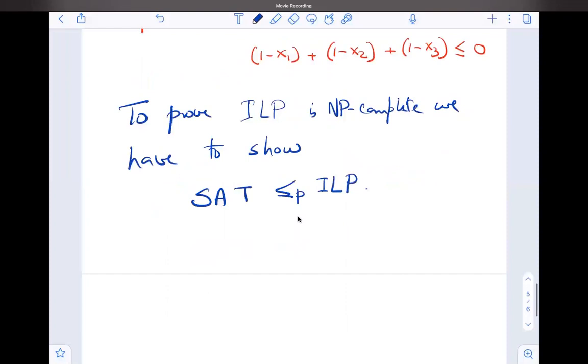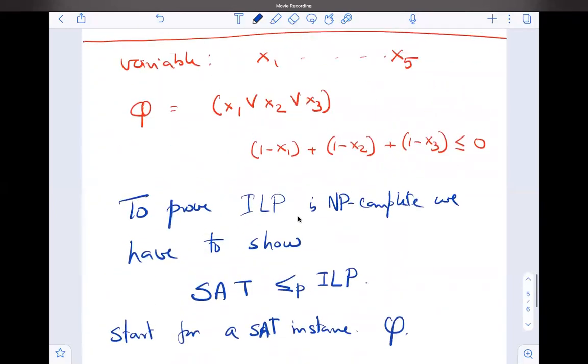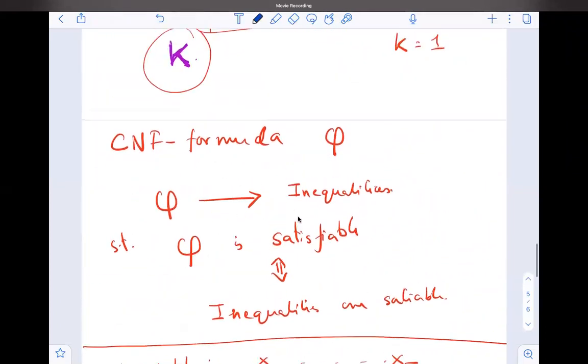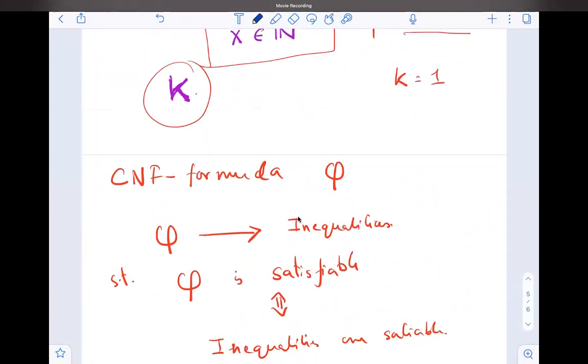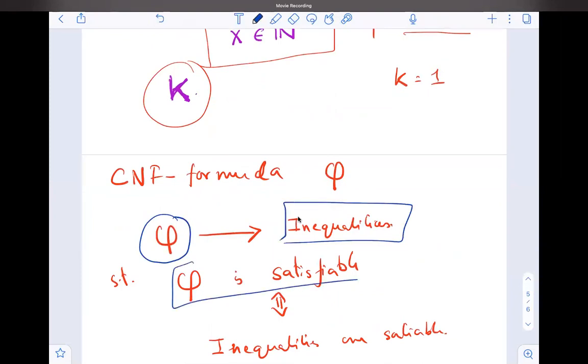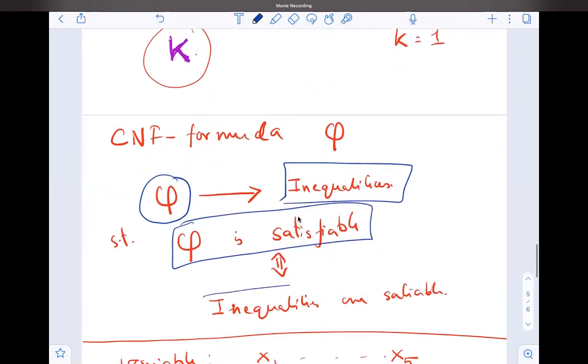So what does it mean? That means you start from a SAT instance, and then you convert it into an ILP instance. If you do the opposite, you might think that this is an if and only if thing. No, it is not. As I told you last time, you take an instance, convert it to an inequality, and you're saying that this is satisfiable if and only if this inequality is satisfiable.